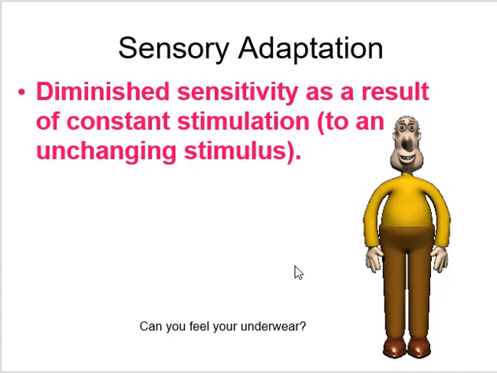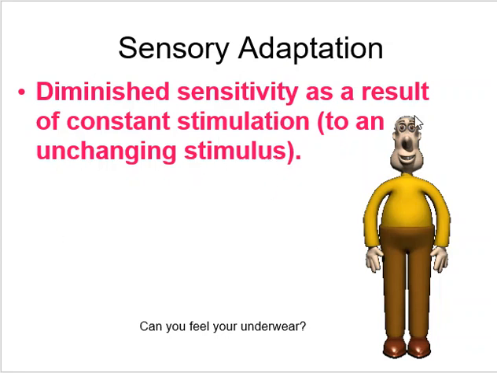All right, another thing we want to talk about with sensation is called sensory adaptation. Okay, and we need to make sure that we understand the difference between sensory adaptation and something called habituation. Sensory adaptation is diminished sensitivity. So you lose sensitivity for something as a result of constant stimulation to an unchanging stimulus.